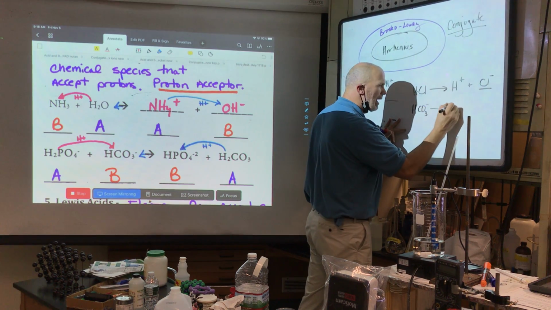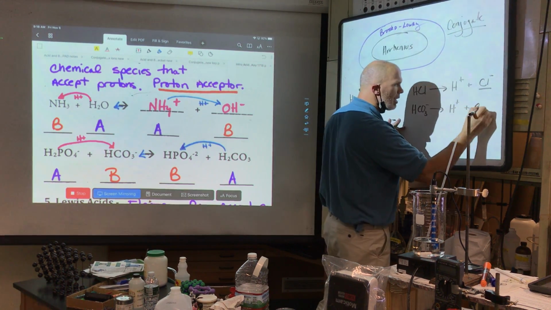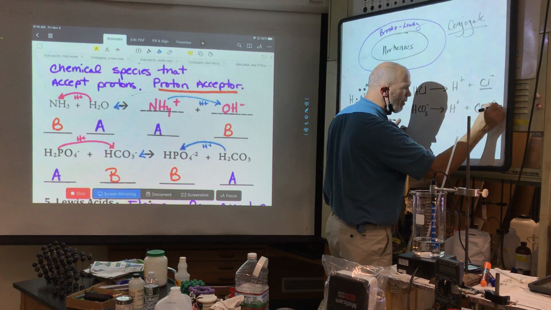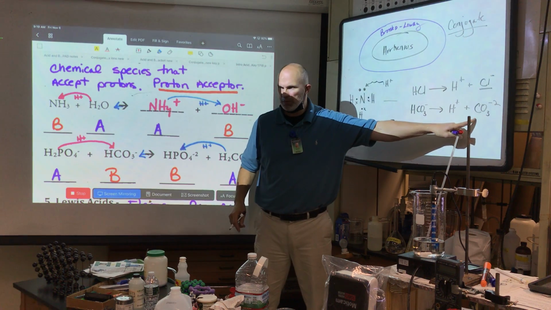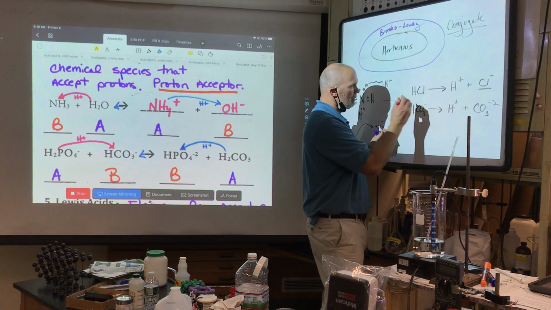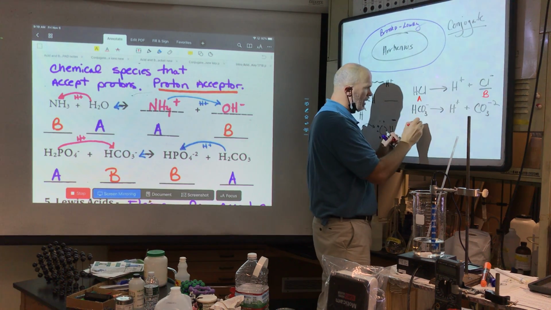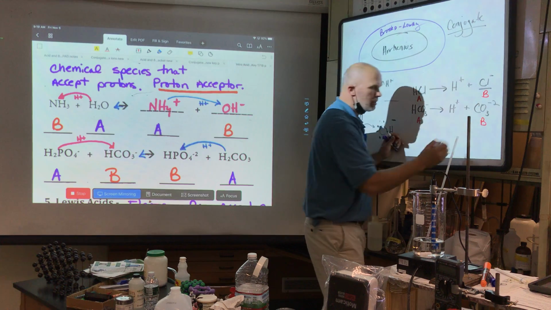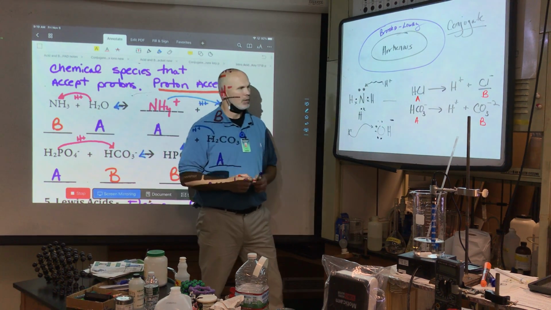When it gives off an H+, what's left over? CO3 negative 2. Careful, you lost an H+ there. That's the conjugate base. That's the acid. I could do it in reverse.